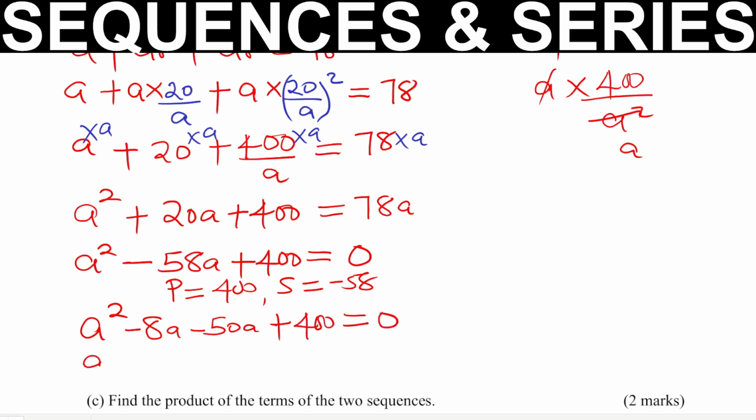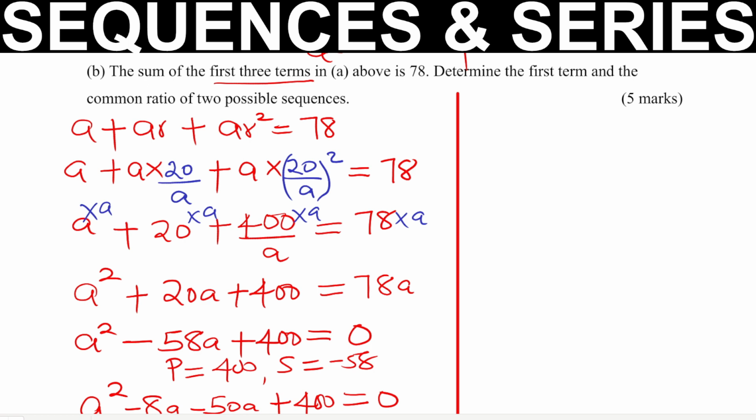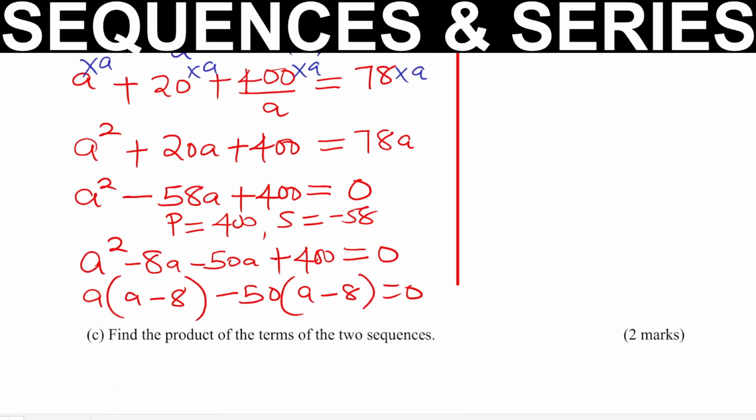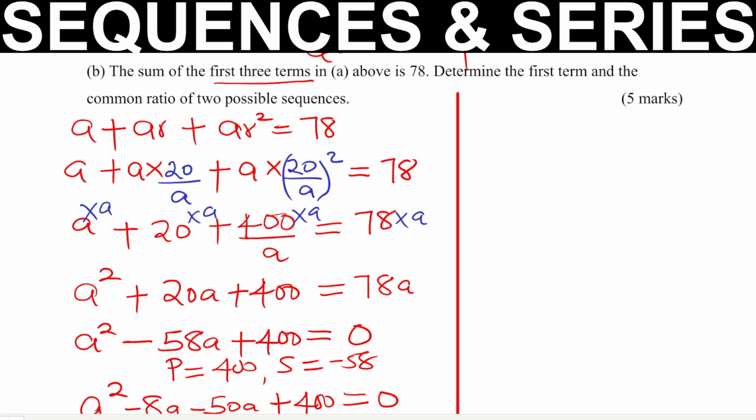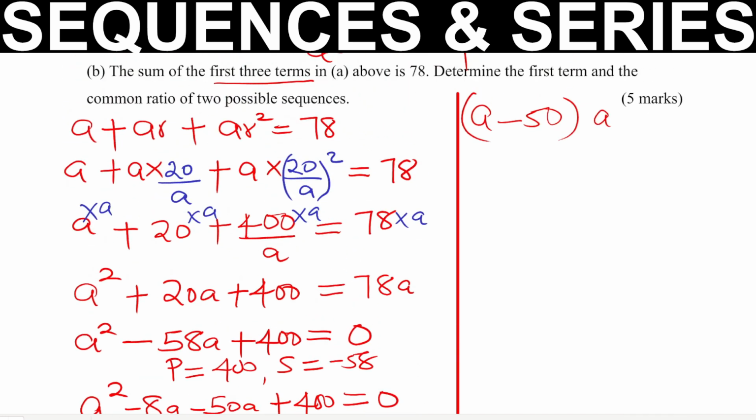So factorize this. A is common. You remain with A minus 8. Then minus 50, A minus 8 is equal to 0. So therefore, this one will give A minus 50 multiplied by A minus 8 is equal to 0.